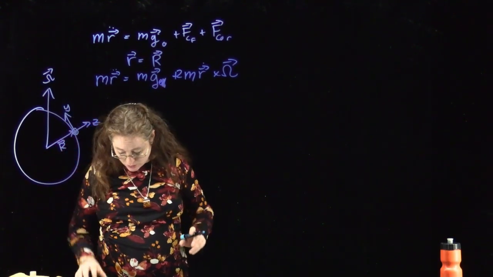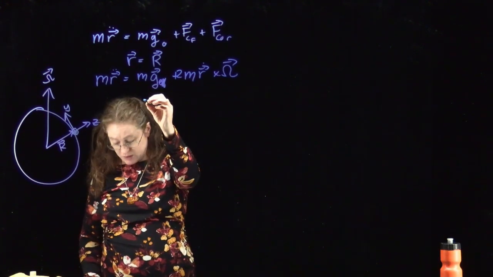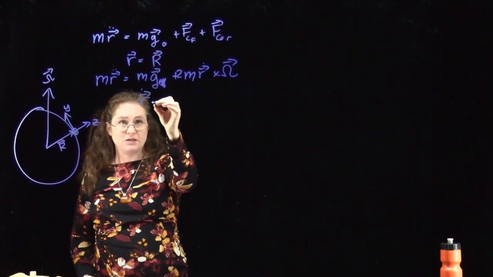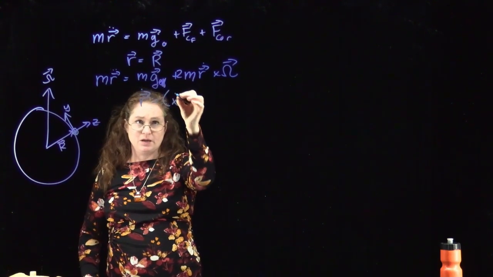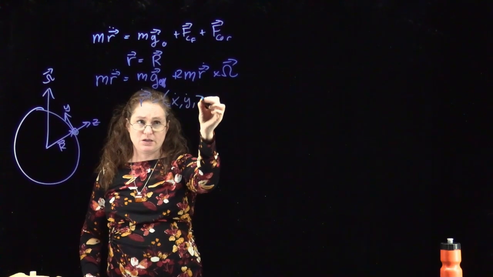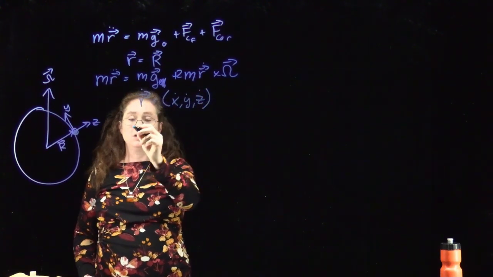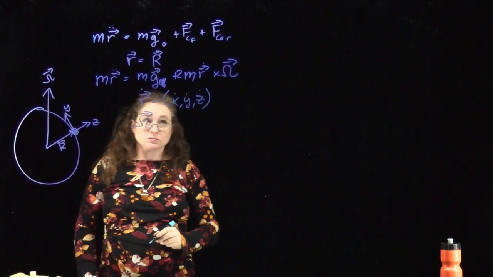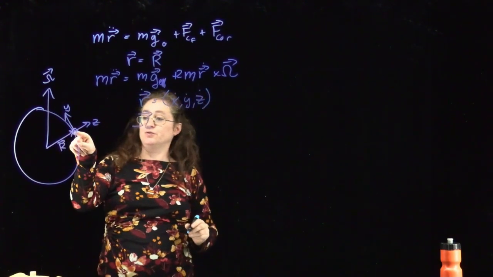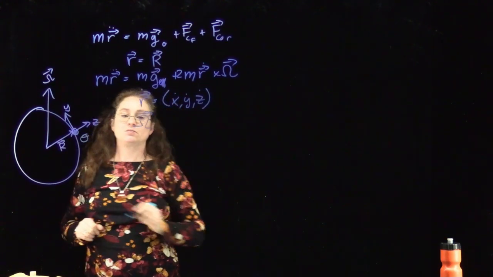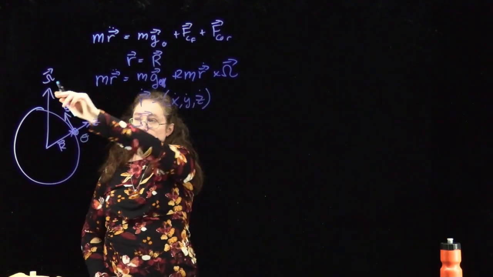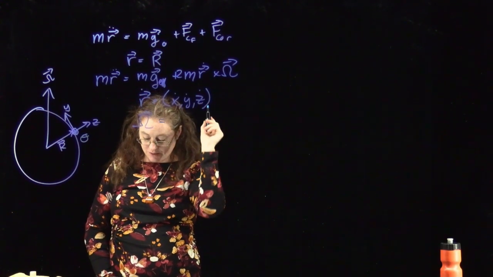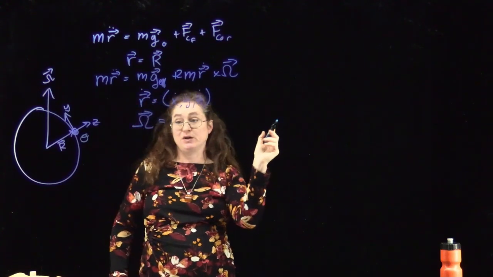And when we choose that coordinate system, we are going to replace our generic vector r dot by very specifically x dot, y dot, and z dot. And then with this choice of coordinates, where we have moved our origin here, our angular velocity vector, we can move vectors around too. We can move an angular velocity vector around wherever we want.